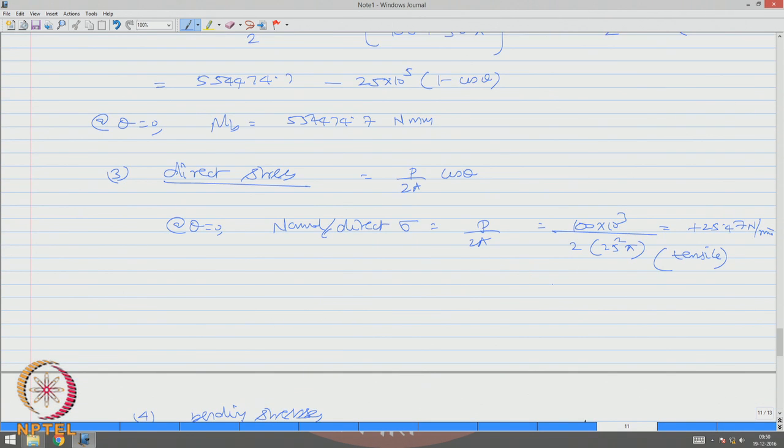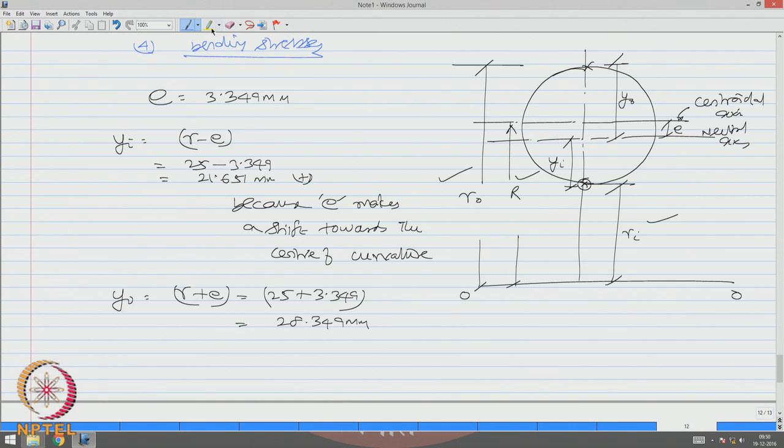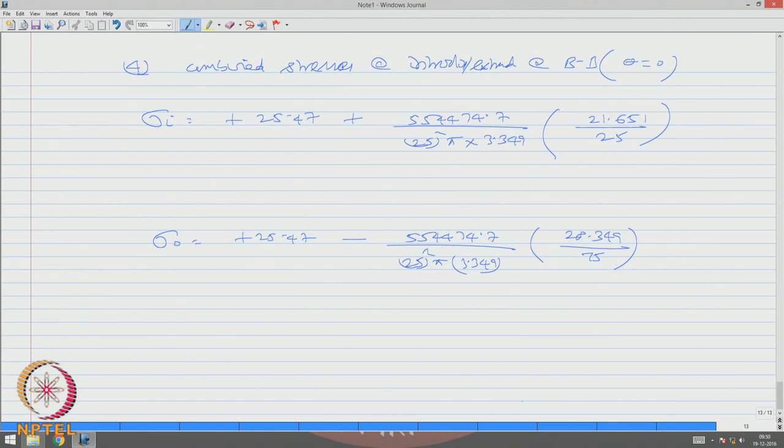Please note, friends, this value will be negative. Now, this value is plus 98.5 Newton per mm square, indicating it is tensile, and this value is minus 6.40 Newton per mm square, indicating it is compressive.